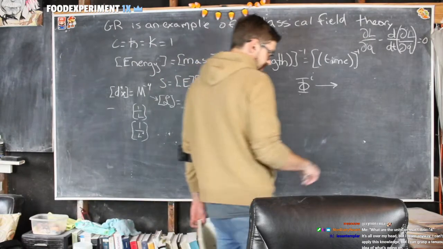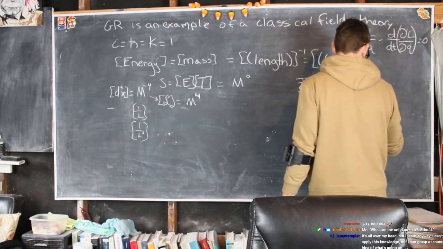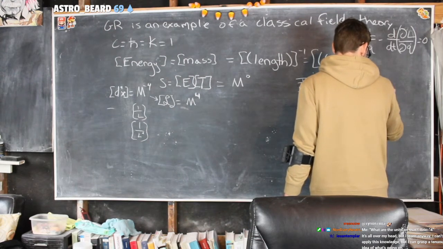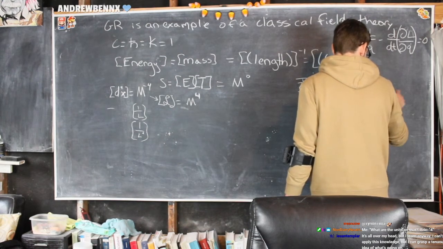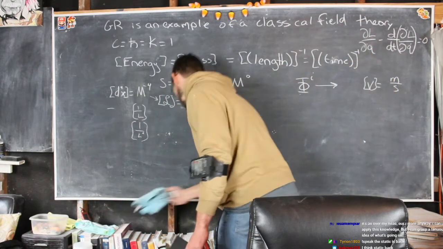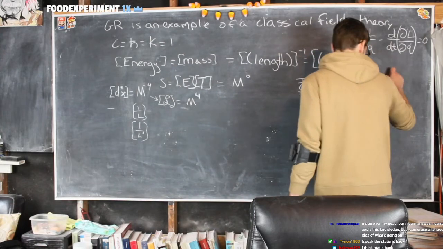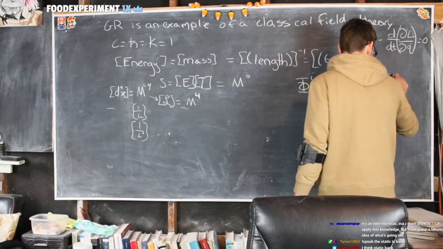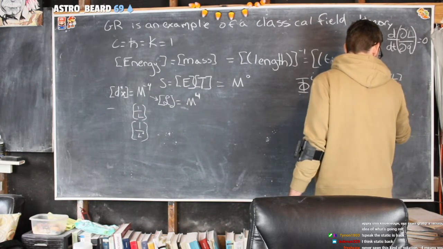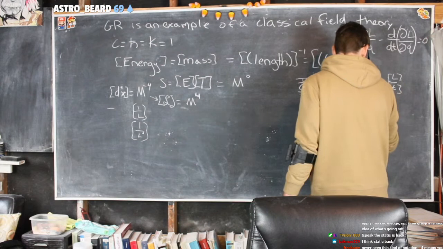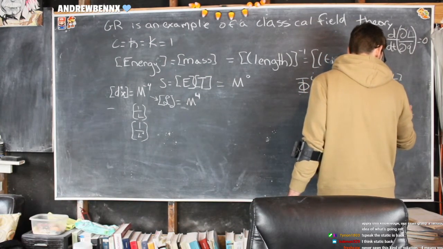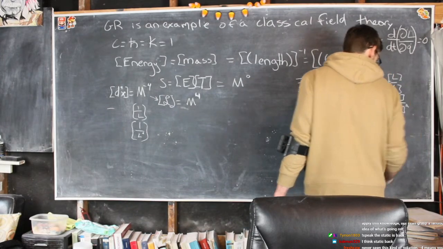So what's a good example? Velocity is meters per second, or let's be a little bit more unit nice, length over time. Acceleration is length over time squared, right?